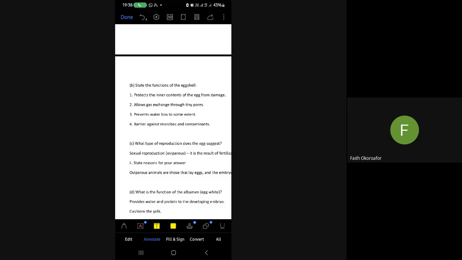But if the egg comes in contact with sperm before it is laid, it is a fertilized egg that is capable of developing into a chick through the process of incubation. Do you get it?